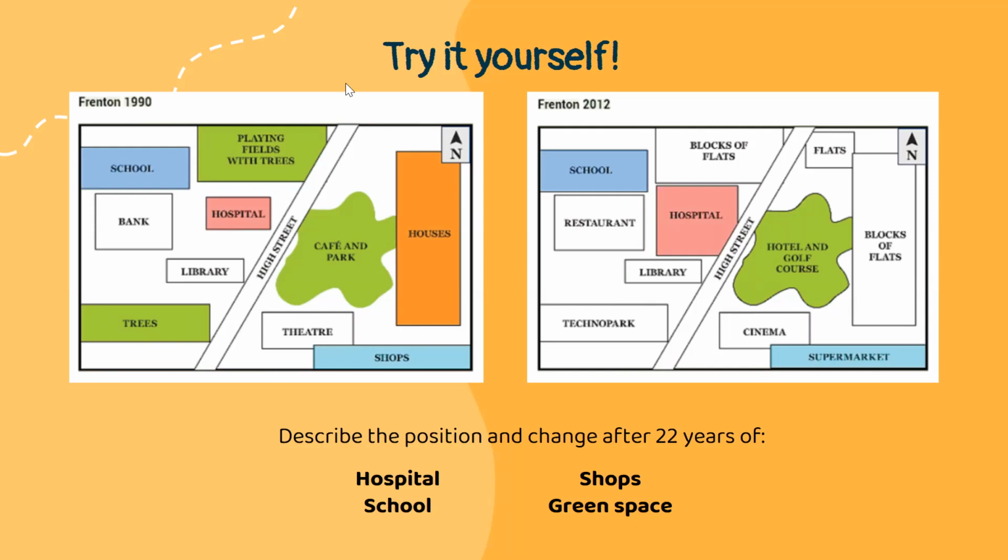Okay, Thu, can you help me describe the green space? Yes, in terms of green spaces, I can see that to the left of the map in 1990, the trees were cleared, followed by the playing fields with trees, which is to the east.